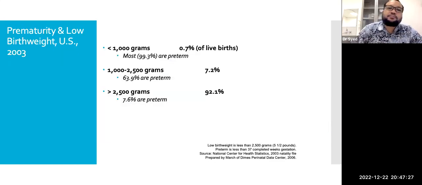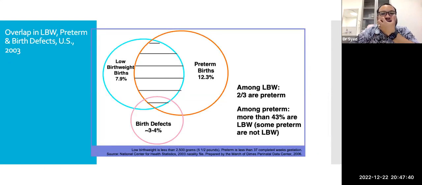So in the US, VLBWs account for 0.7% of live births. 99% of them are premature. And prematurity is associated with lots of things. Some of them are associated with low birth weight, and the majority of low birth weights are premature, and they have correlation with birth defects.